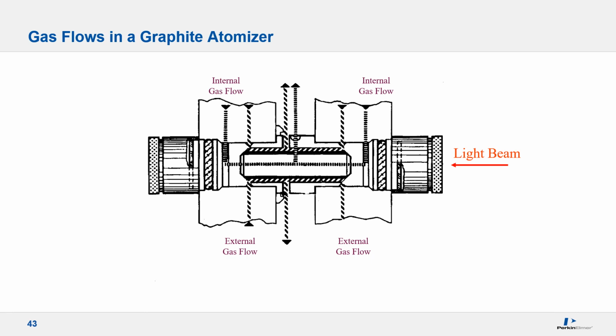This idea of separate gas flows is a very important design consideration, providing the ability to stop the internal gas flow during atomization while still maintaining the full flow of the external gas to protect the tube. This helps to maximize sample residence time in the tube, increase the analytical signal, and extend tube life.